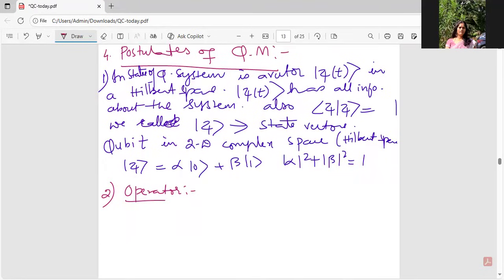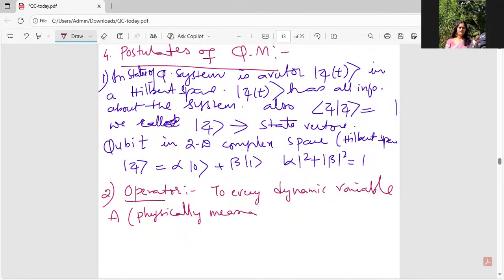For any dynamic variable, dynamic meaning the thing that keeps changing, to every dynamic variable A, usually called a physically measurable quantity, there corresponds an operator A. The beauty of it is A is always Hermitian.